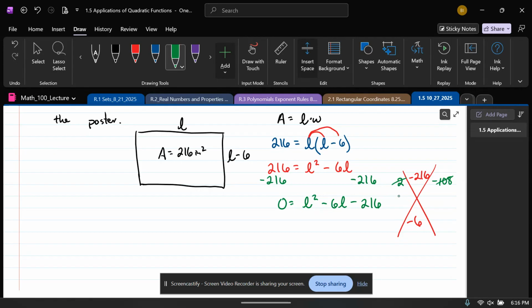Yeah. 6 and negative 36. That's a little closer, but it adds to be negative 30, so that's not the right pair. Negative 18 and positive 12. Negative 18 times 12 is negative 216, and that does add to be negative 6. Very good.